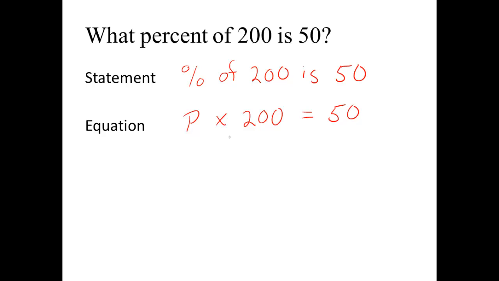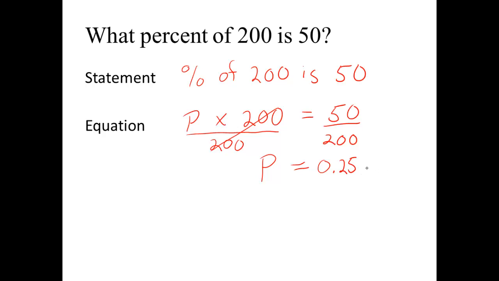We have 200 multiplied times p, so we need to undo multiplication by doing the opposite operation, which is division. So we will divide both sides by 200. The 200s divide out, and we're left with p is equal to 50 divided by 200 is equal to 0.25, and that is the decimal form.